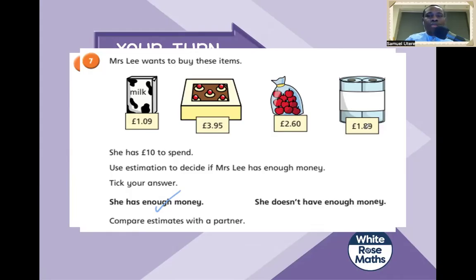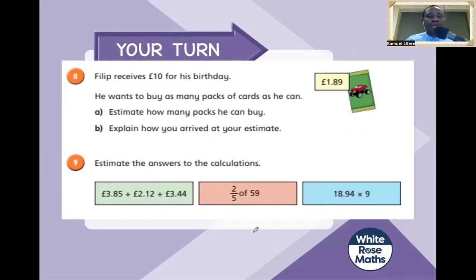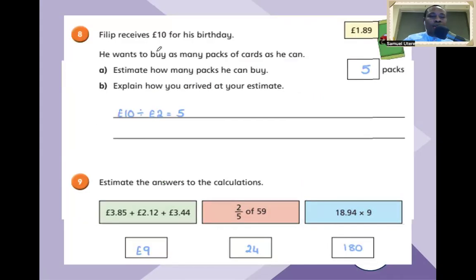Pause the video and answer questions 8 and 9 in 3 minutes. Assuming you've paused the video and you've answered questions 8 and 9, here are the answers. Let's discuss them. So for question 8, you were asked, Philip receives £10 for his birthday. He wants to buy as many packs of cards as he can.